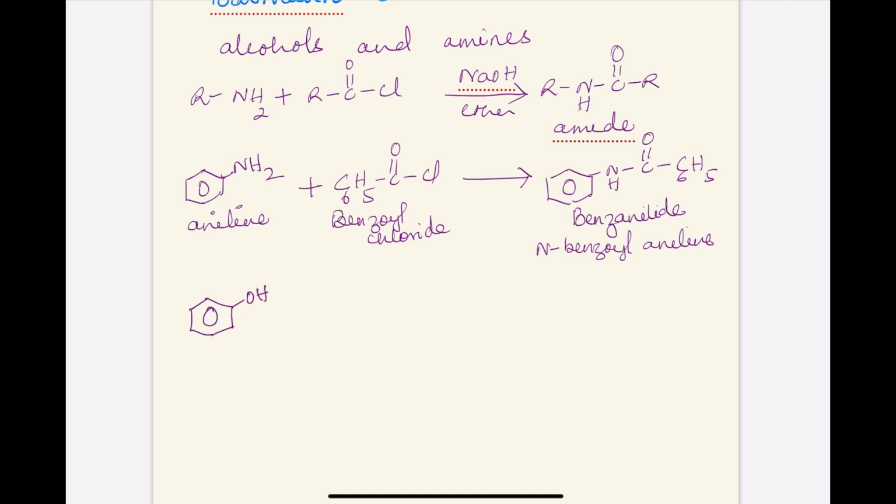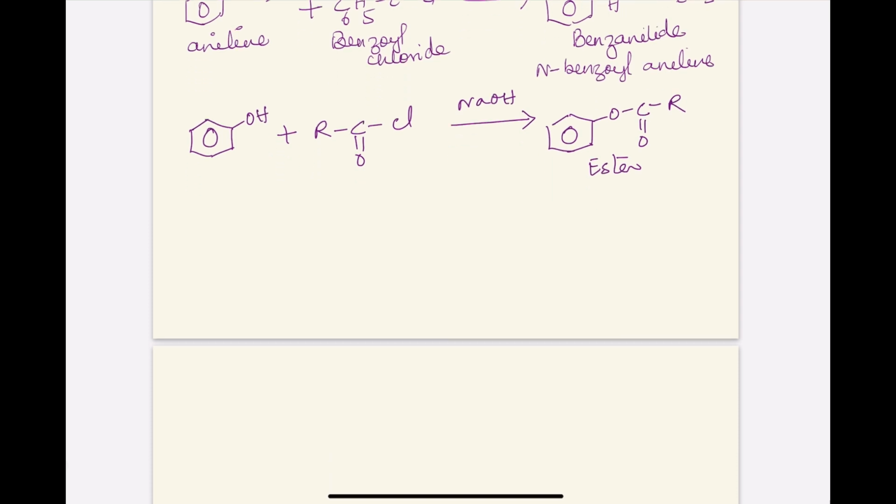So if you take an alcohol and treat it with any acid chloride and base, we get the ester. So now let us write the mechanism of the reaction.